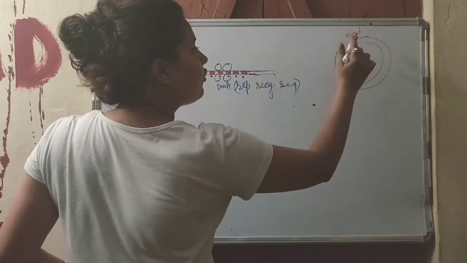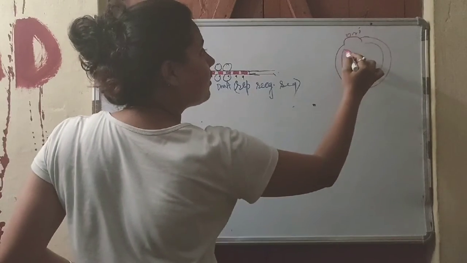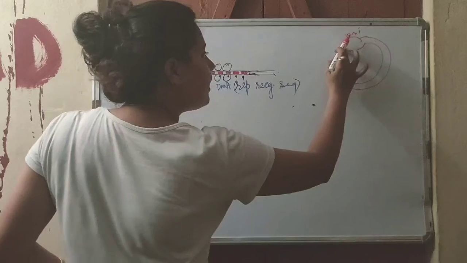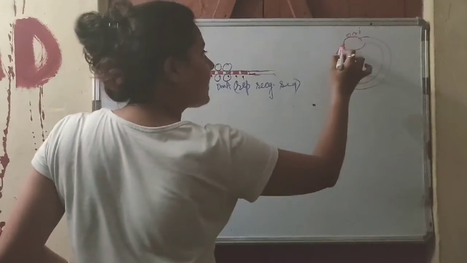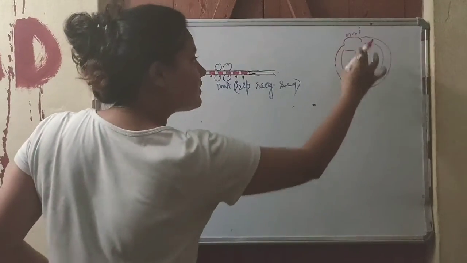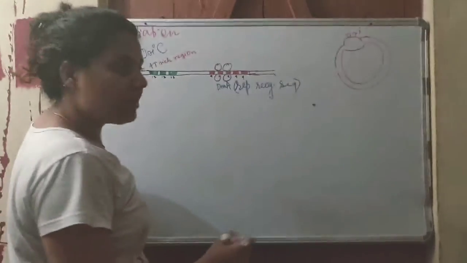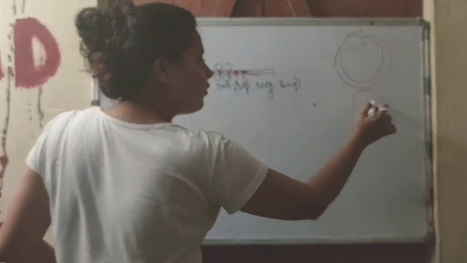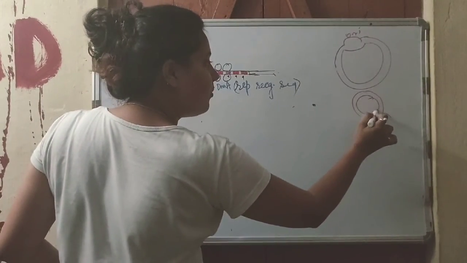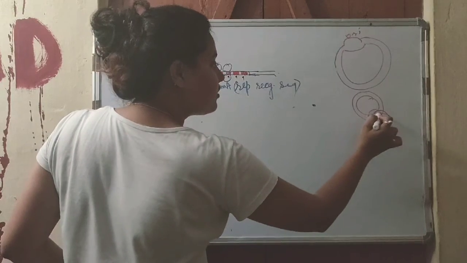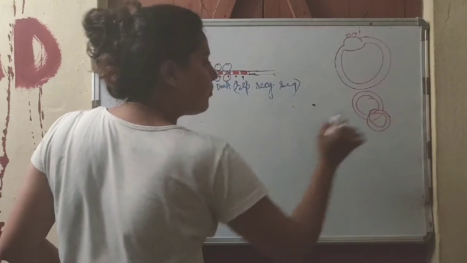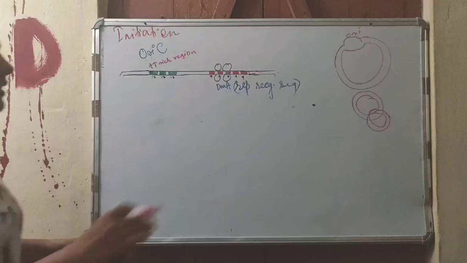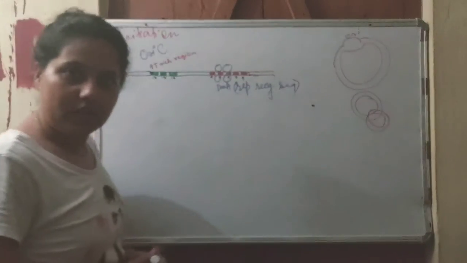If the replication starts from here, it will proceed from both sides, and the two forks will meet somewhere here. At the end it will form this kind of structure, which needs to be broken later, and then they will separate from one another.